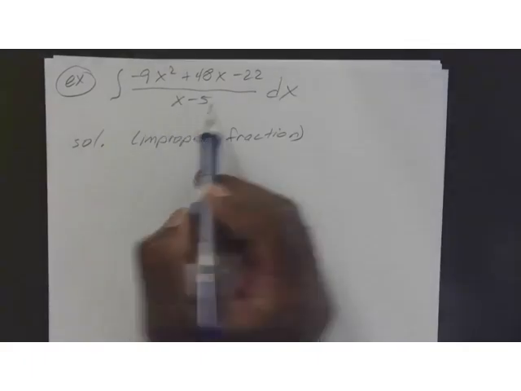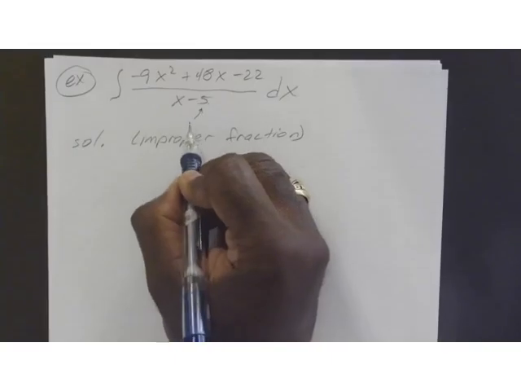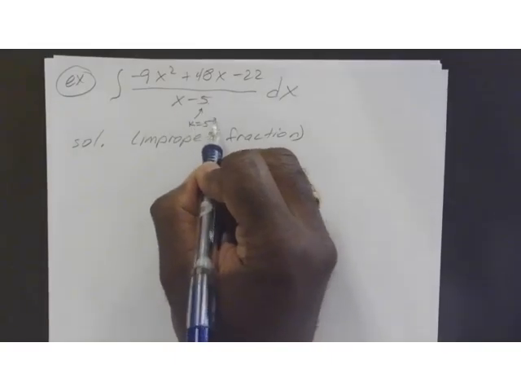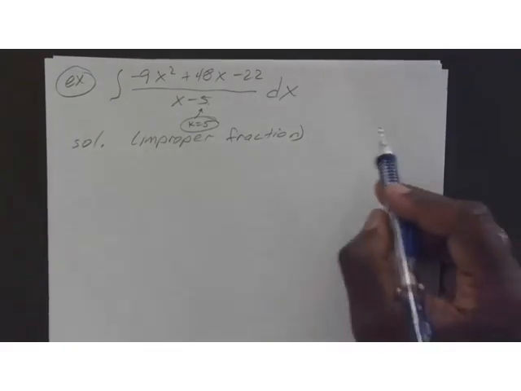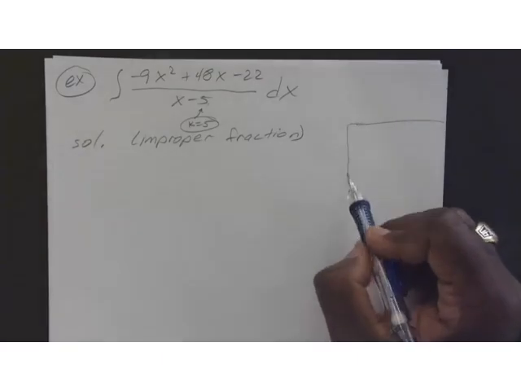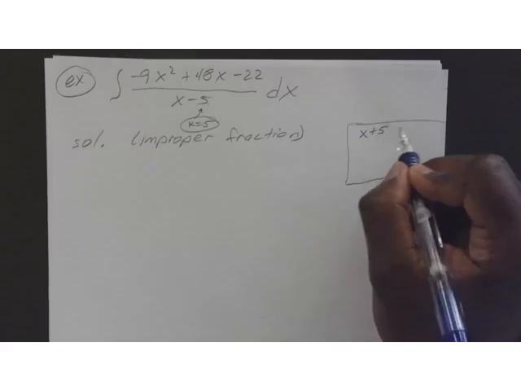Okay, so it's x minus k. So we know that in this case, our k is equal to 5. Okay, now if you might run across one like this, let's say your denominator is x plus 5.